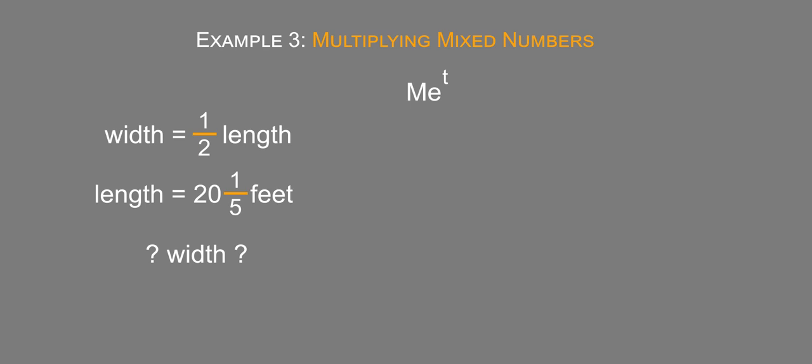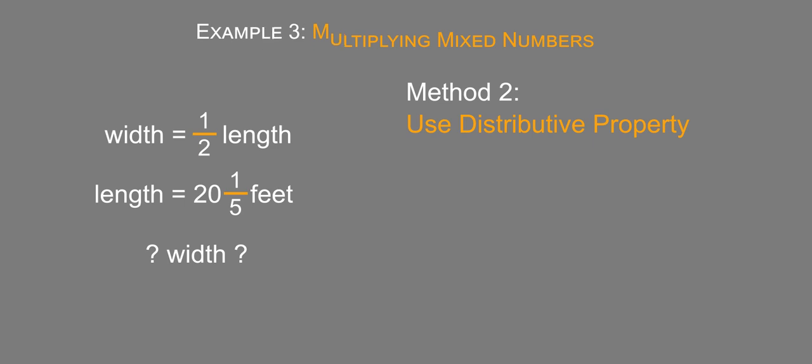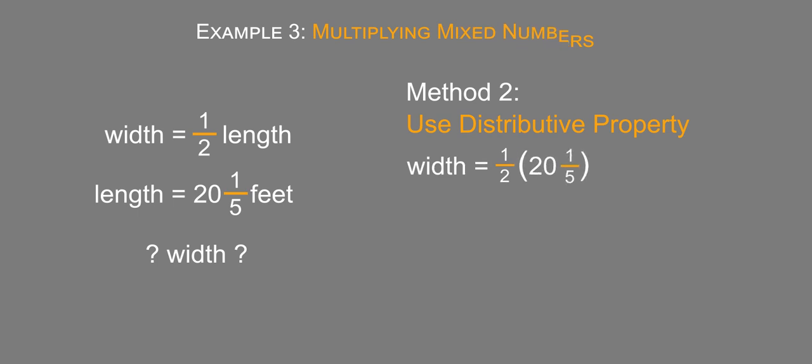Now method 2, we use the distributive property. And essentially what that means is that we divide the mixed number up into the sum of the whole number and the fraction. So we'll go ahead and write that out. First we have our original problem, which is 1/2 times 20 1/5.